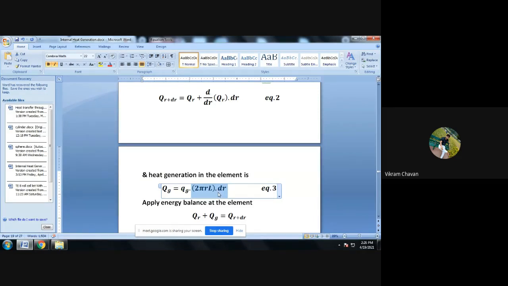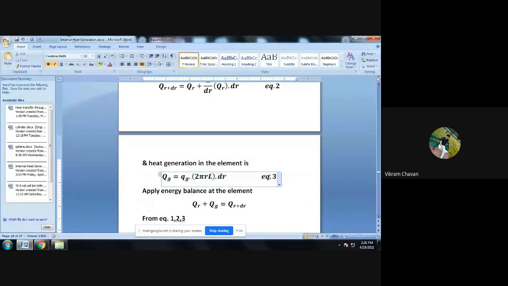Area multiplied by thickness gives the volume of the element. So heat generation per unit time is q suffix g multiplied by volume. That will be our equation number 3.